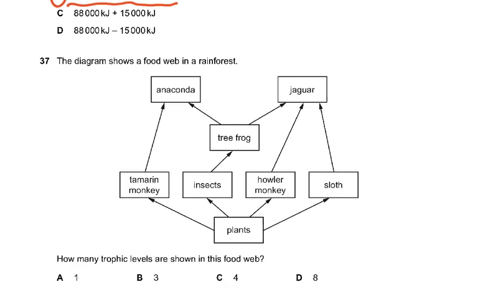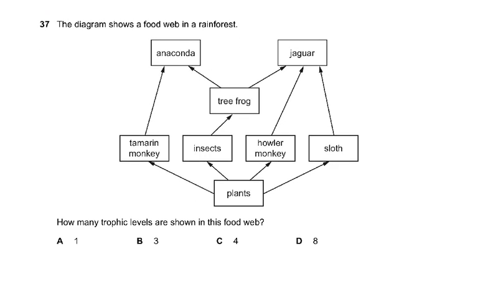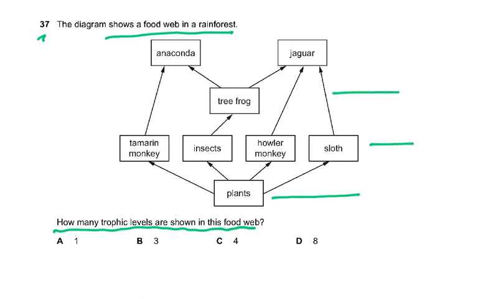Then coming to question number 37, the diagram shows a food web in a rainforest. How many trophic levels are shown in this food web? So we have 1, 2, 3, and 4.